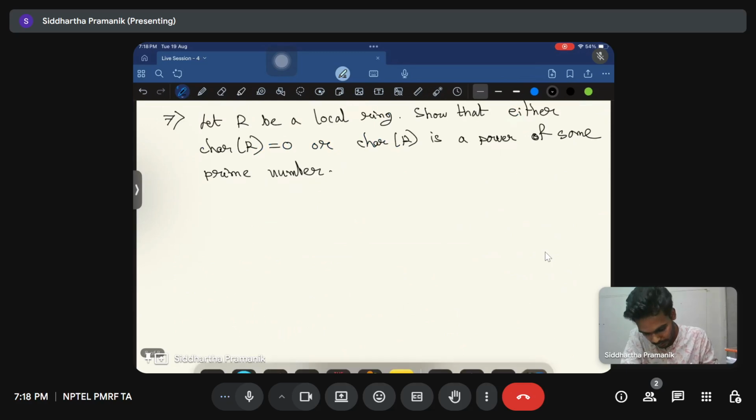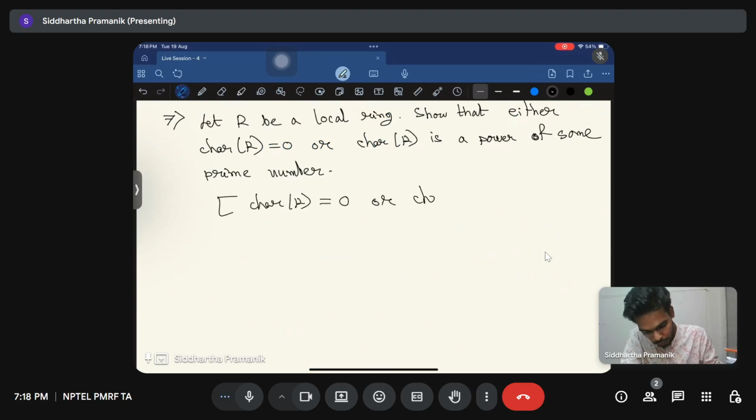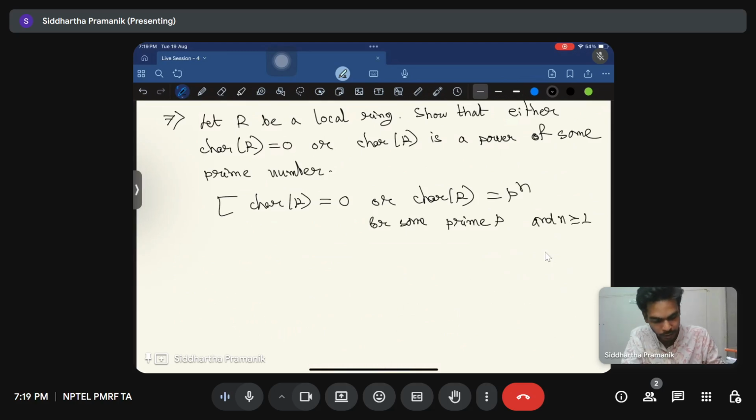So basically, characteristic of R equals 0, or characteristic of R equals p^n for some prime p and n a natural number greater than or equal to 1. So that is what we have to prove.